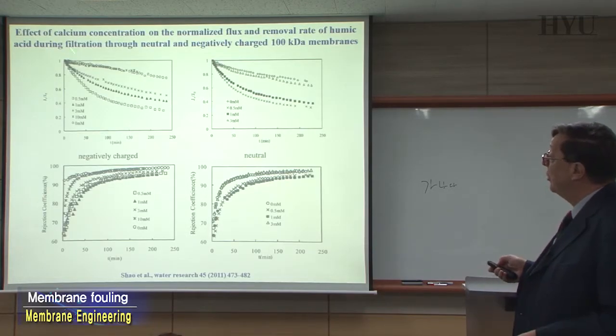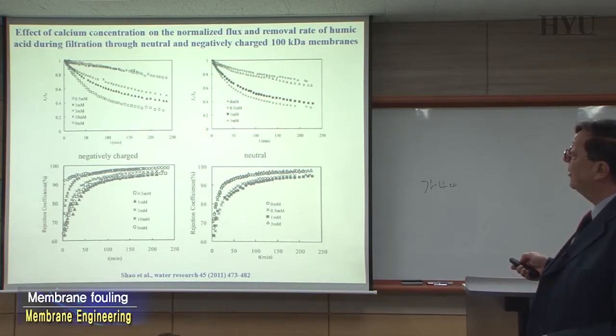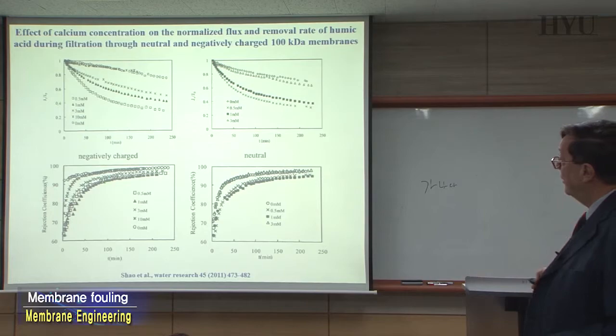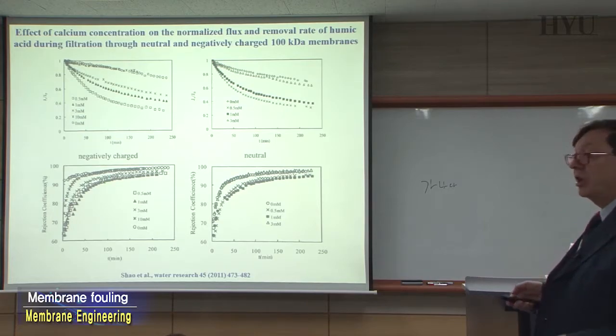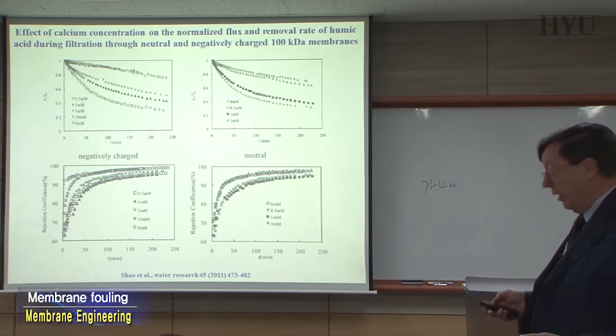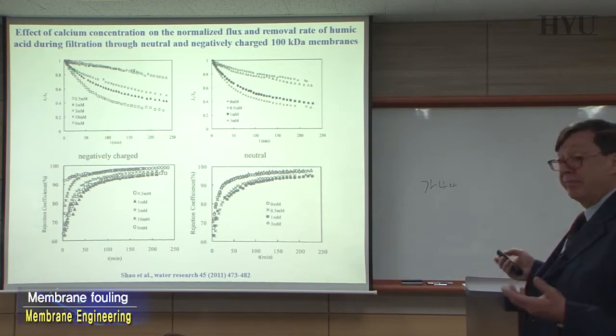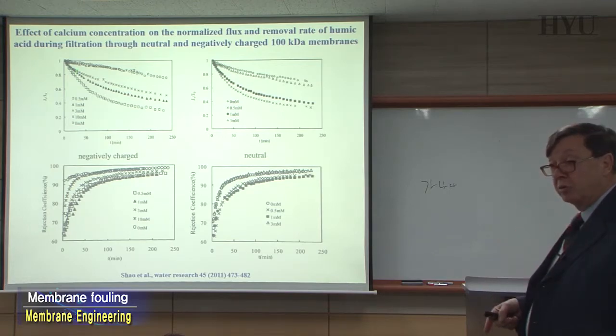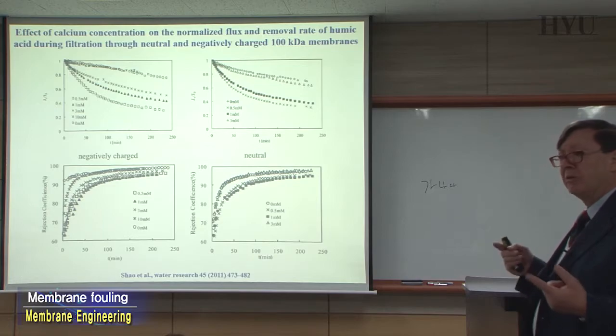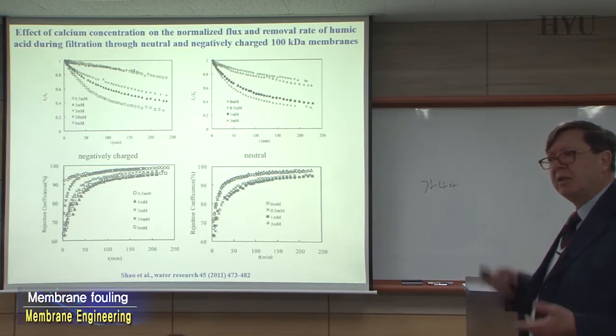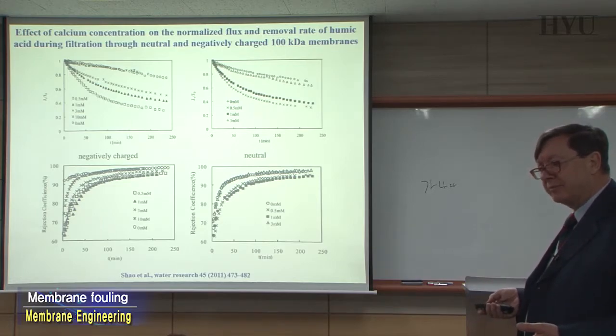For example, when you are working with adding some calcium concentration, and again working with some negative membranes or neutral membranes, you see you can have a significant change in the transmembrane flux behavior just by adding some ions that you assume are going through. Calcium ion, people say, why do we have to expect change in transmembrane flux?